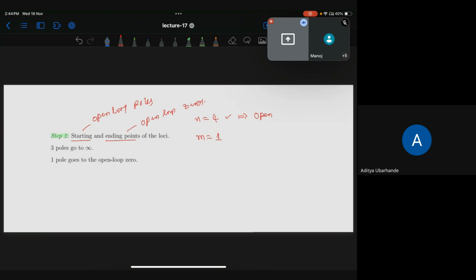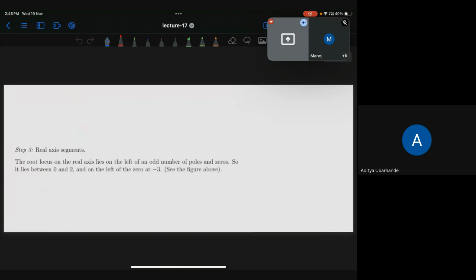So out of 4 poles, one pole will go to the open loop zero and 3 poles will go to infinity. That is step 2.